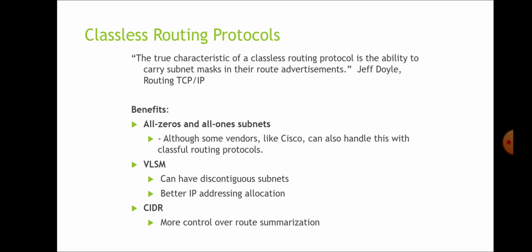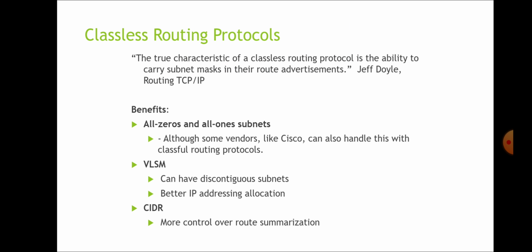So here are a few classless routing protocols. The true characteristic of a classless routing protocol is the ability to carry the subnet mask in its route advertisement. Jeff Doyle, in Routing TCP/IP, has explained this in his book. So what are the benefits? All-zeros and all-ones subnets, although some vendors like Cisco can also handle this with classful routing protocols.